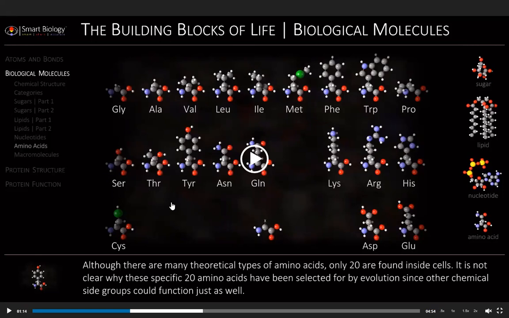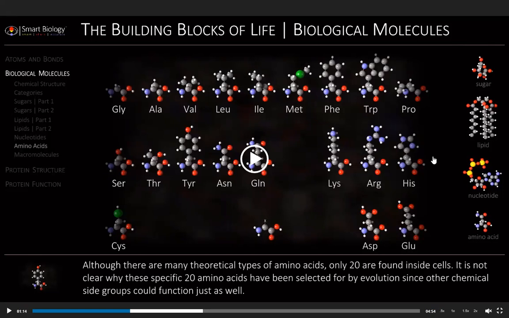But the 20 amino acids that are used for protein synthesis fall into several different categories that we will see in a minute. And these categories will define what their roles will be in the cell.